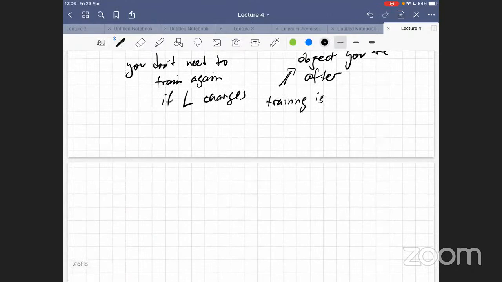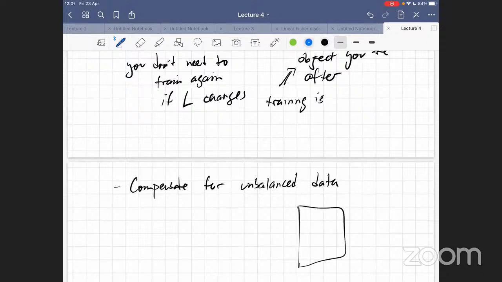I will just put a last situation where it is convenient to work in the probabilistic approach, and it's a situation where you can compensate for unbalanced data. For example, imagine a situation where you have only, I don't know, 2 points, 3 points here, but you have many more points of the other class.